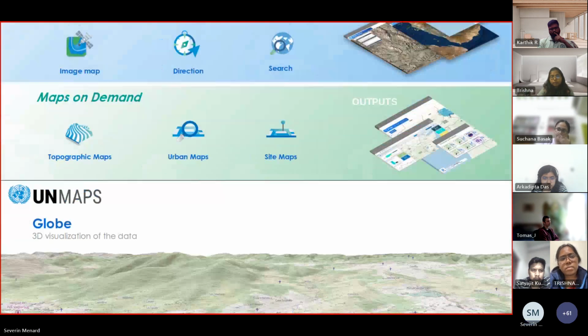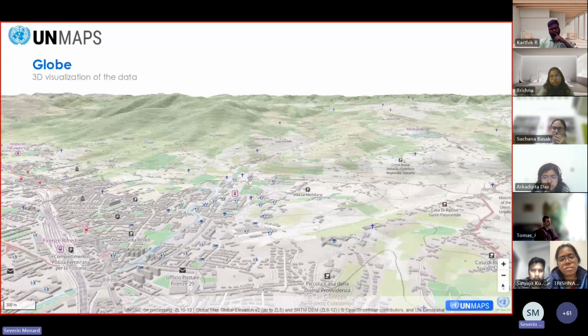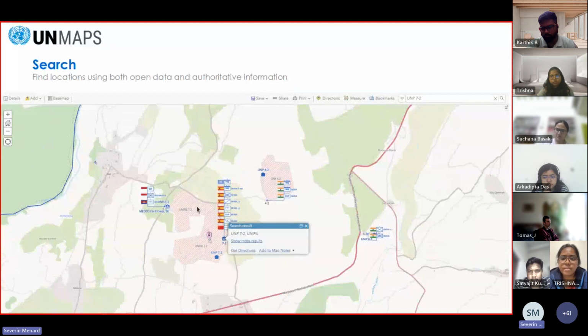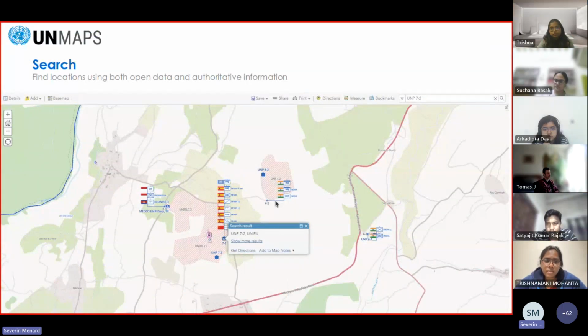Yes, just a quick overview of the services that are produced. Mixing OpenStreetMap data, you can have topographic data, but also some authoritative data like this one, where you have information regarding the UN missions.